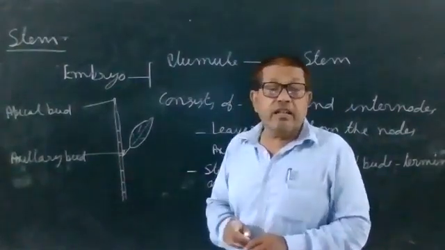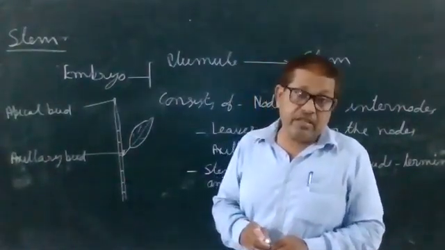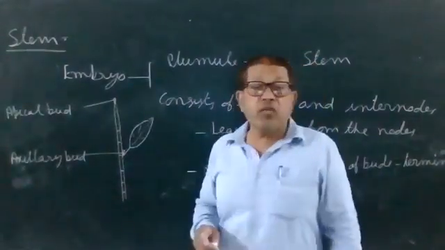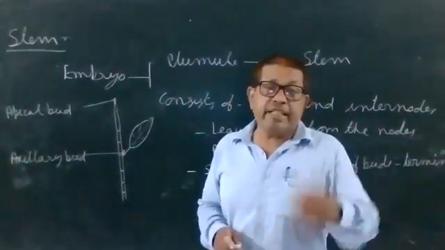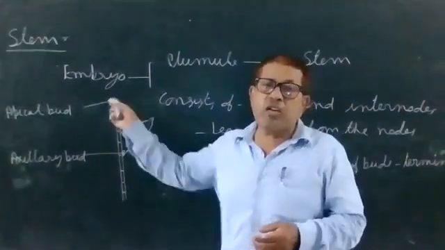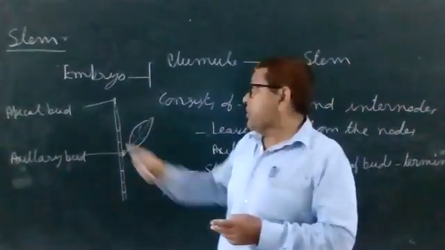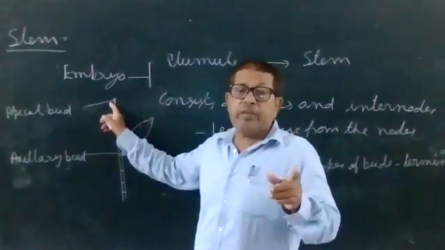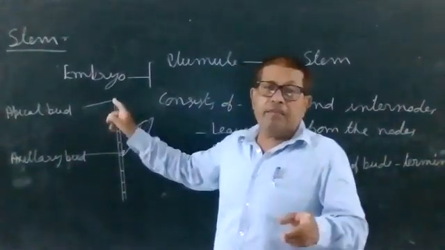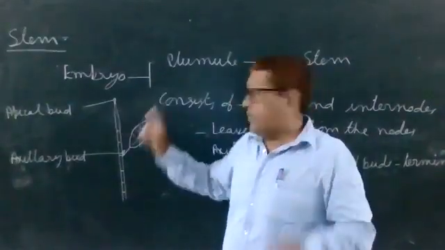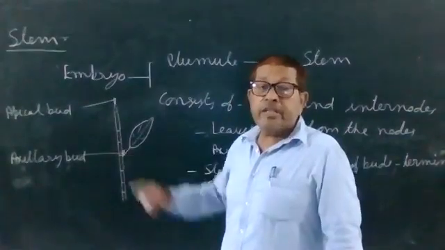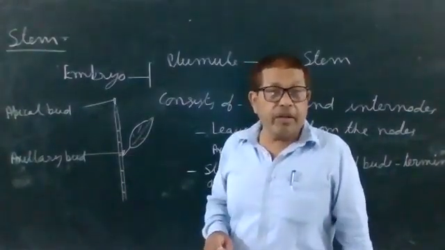So the name is given according to the position. And this bud is found on the apex, or the terminal part of the plant, so it is also called terminal bud. And this is found in the axil of the leaf, so it is called the axillary bud.